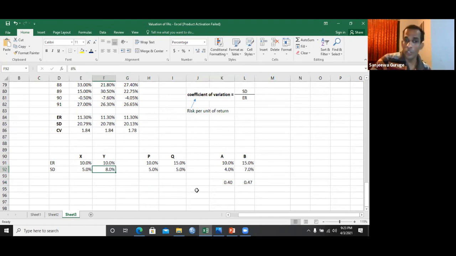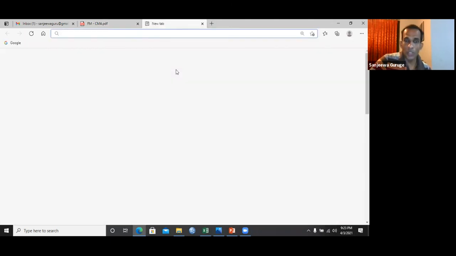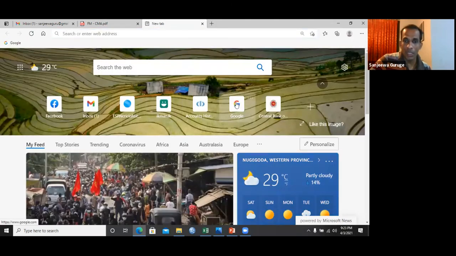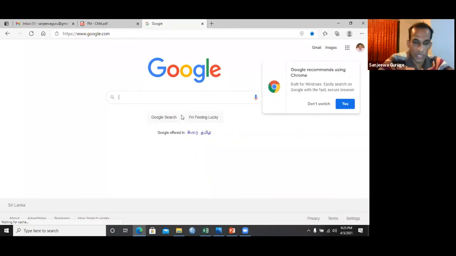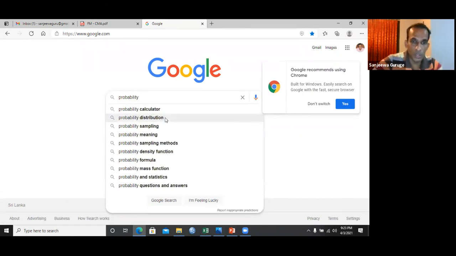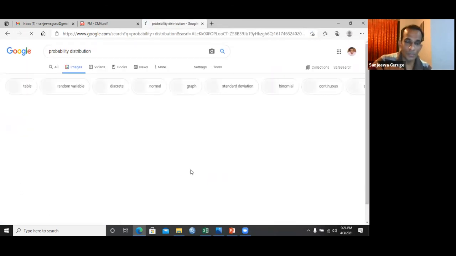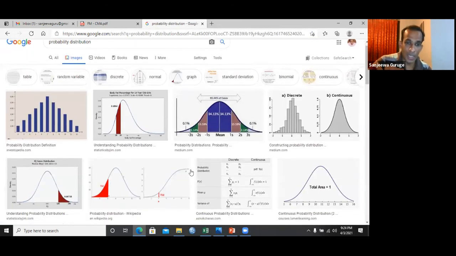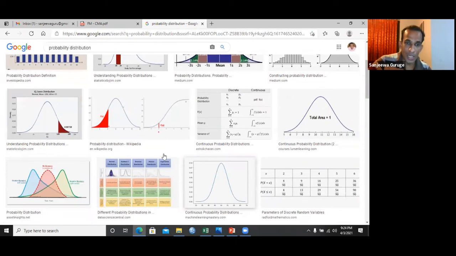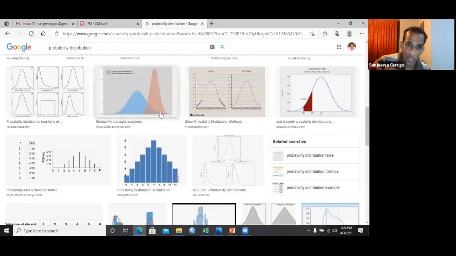When we use that bell curve, the probability distribution, which we have learned in mathematics, a higher standard deviation means it looks like this, but low standard deviation means the possibility for deviation is less.